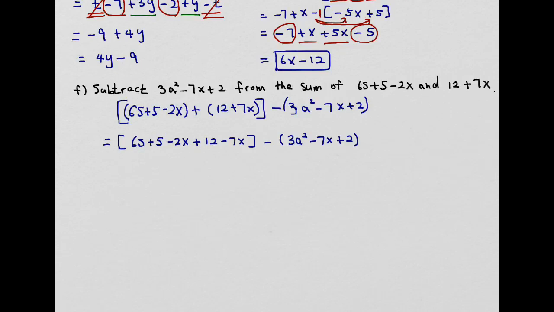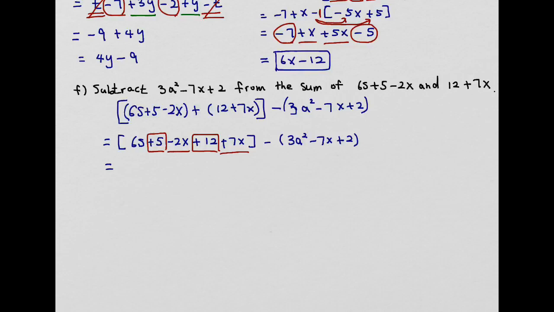Let's make sure we have 12 plus 7x, not minus 7x. Now we can combine the like terms from the first bracket, and it looks like I have negative 2x, positive 7x, plus 5, plus 12, right?